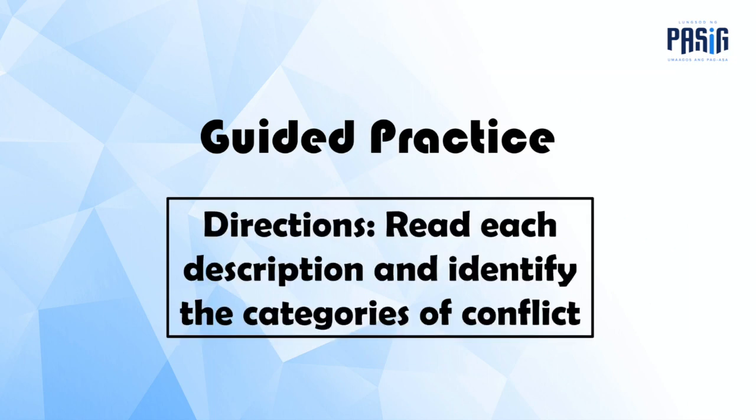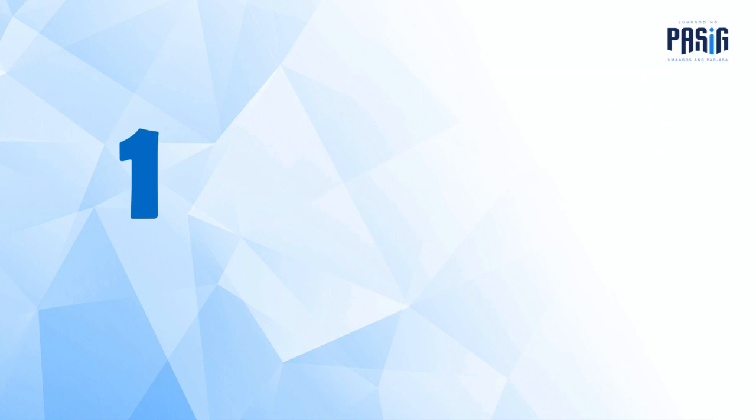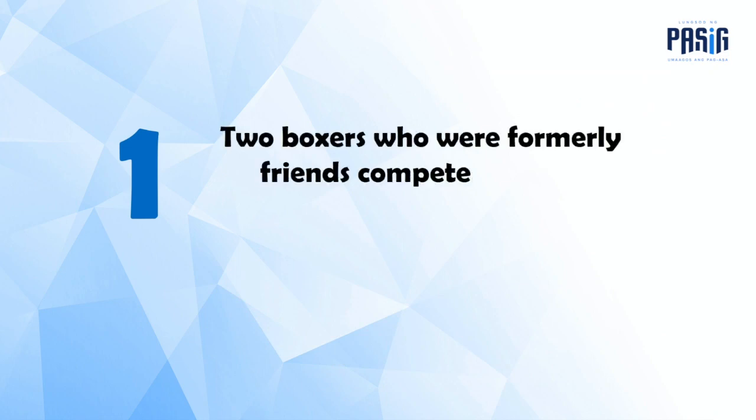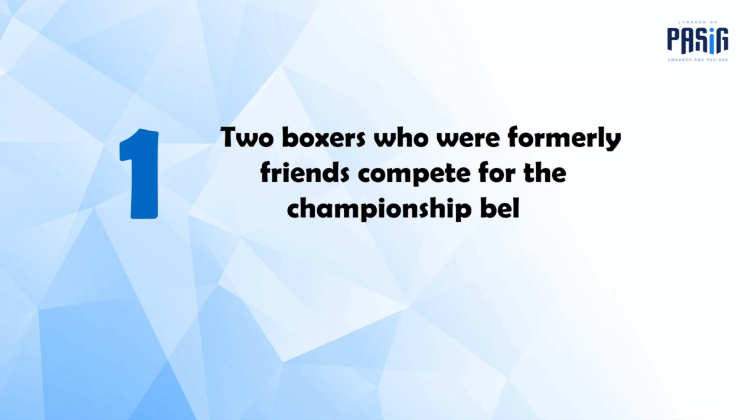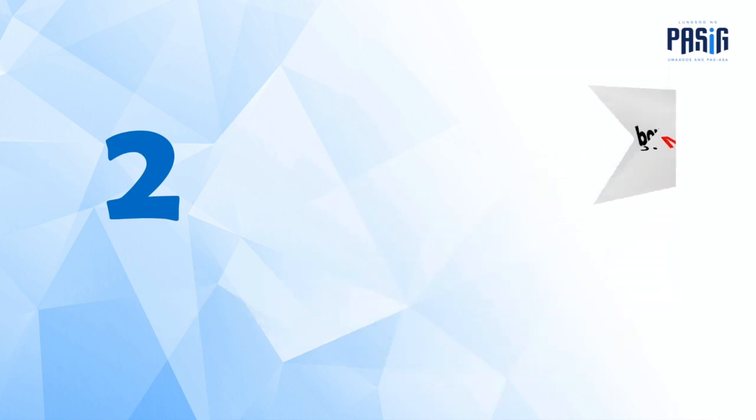For our guided practice, read each description and identify the categories of conflict. Number 1. Two boxers who were formerly friends compete for the championship belt. The correct answer is man versus man. Number 2.